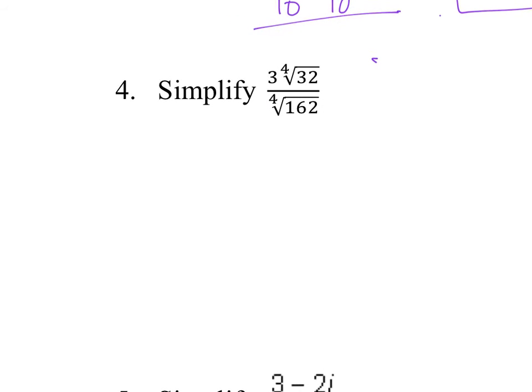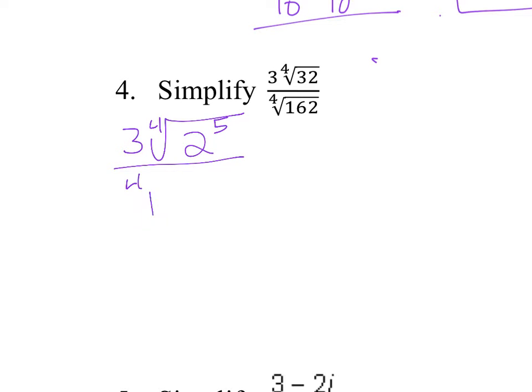All right. This is one of the ones that's wrong in the back sheet because it uses, I think it's 24 inside the numerator instead of 32. All right, so let's look at this. We've got 3 times the 4th root of 32. Well, 32 is 2 to the 5.